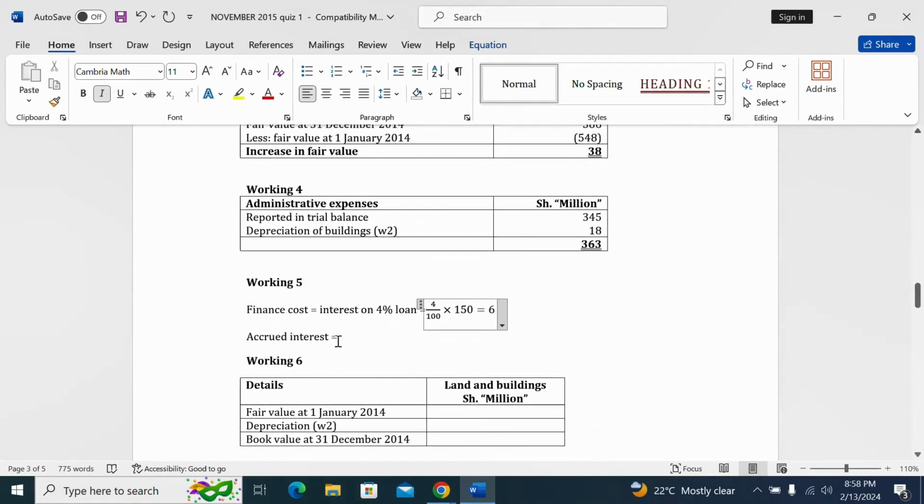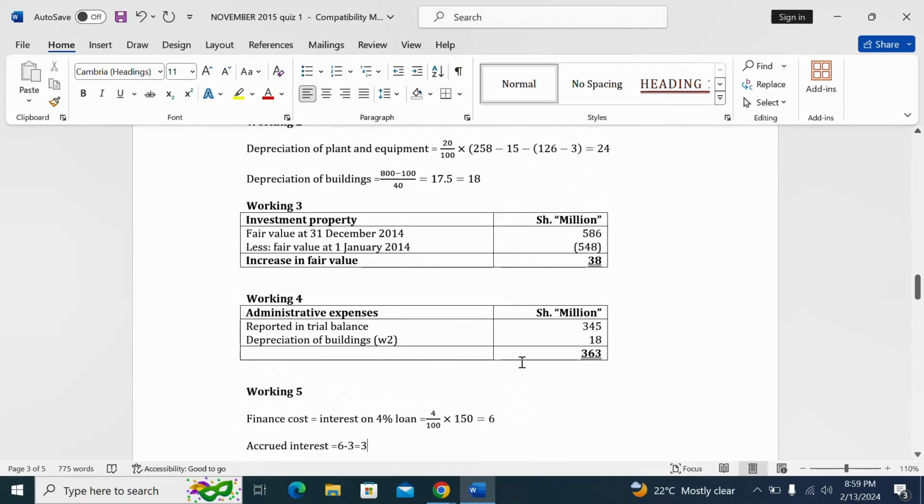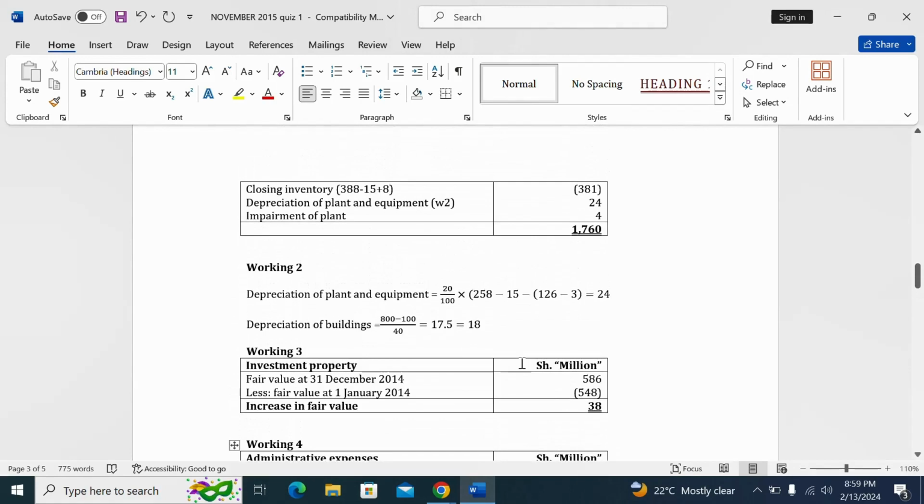Therefore, there's an accrued interest. The total interest is 6 million. The interest paid on the loan is 3 million, which means the balance of 3 million is the accrued interest on the 4% loan. This one we are going to take to the statement of financial position. Now we are done with our finance cost.